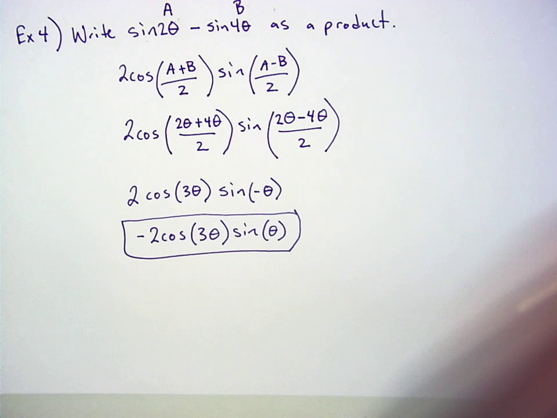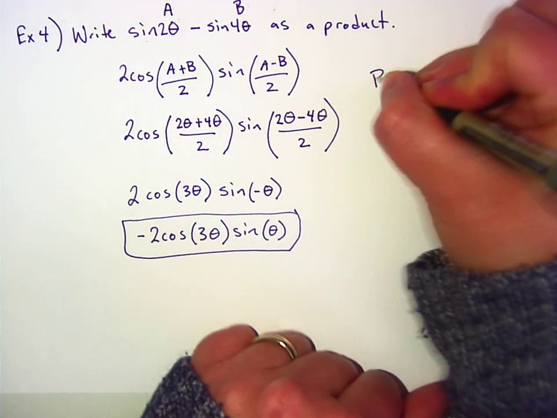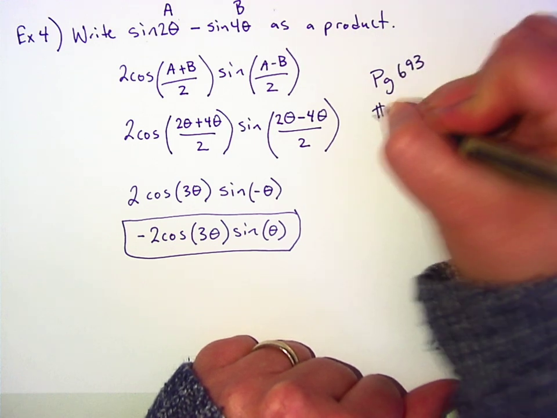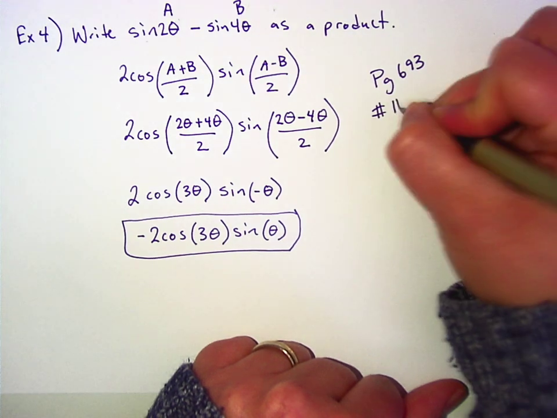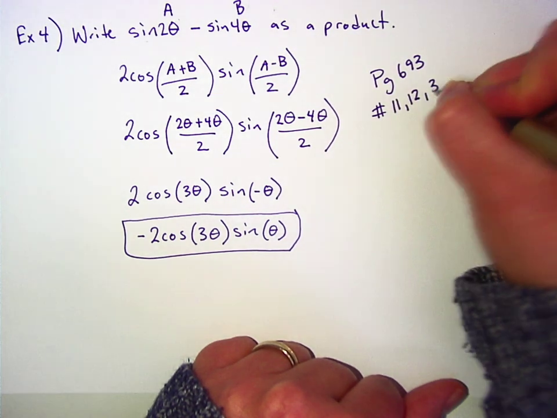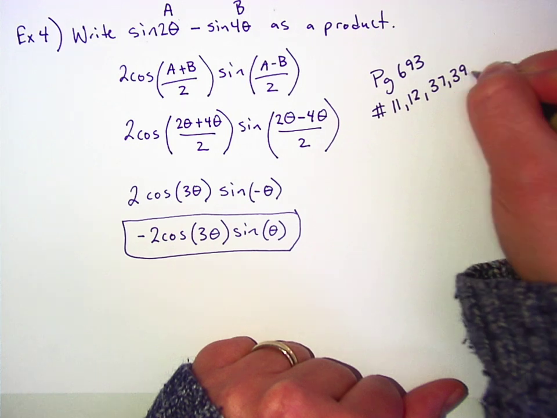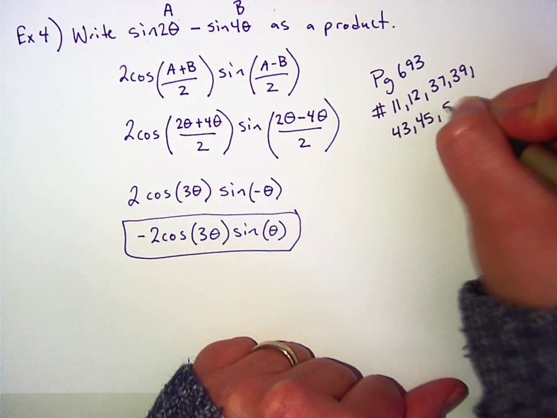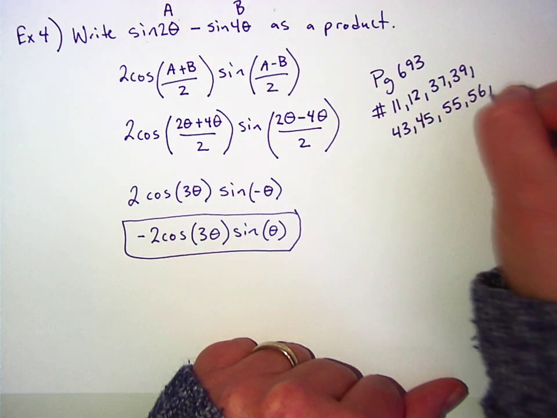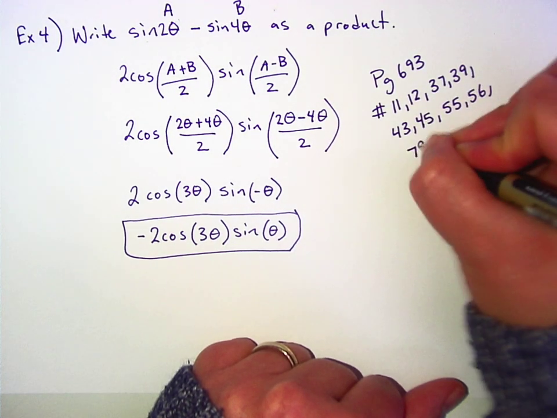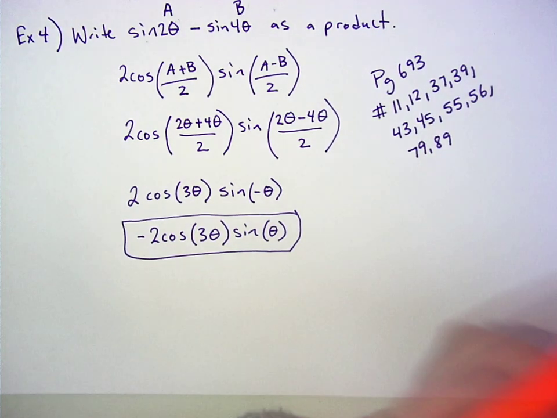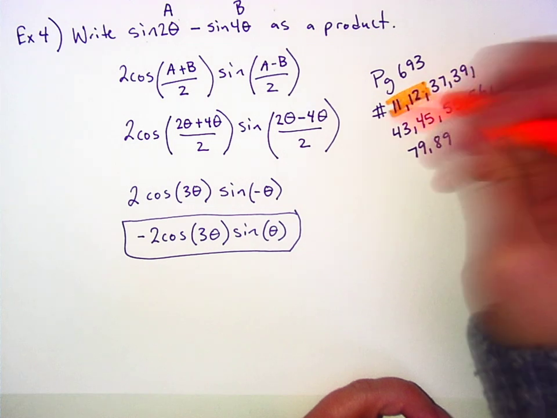Okay, so here is your whole assignment. When I say whole assignment, I mean I'm including the stuff from yesterday, okay? Page 693, numbers 11 and 12, 37, 39, 43, 45, 55, 56, 79, 89, and I believe, was it those ones?